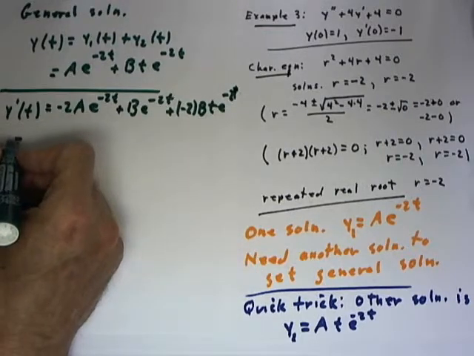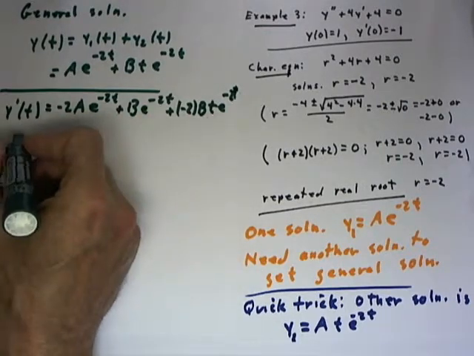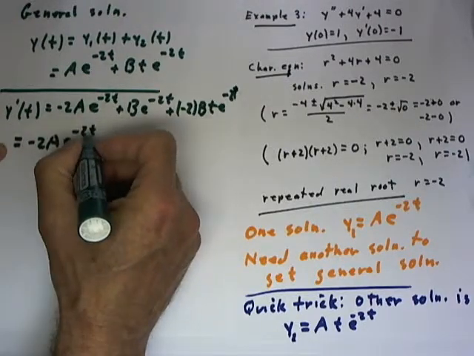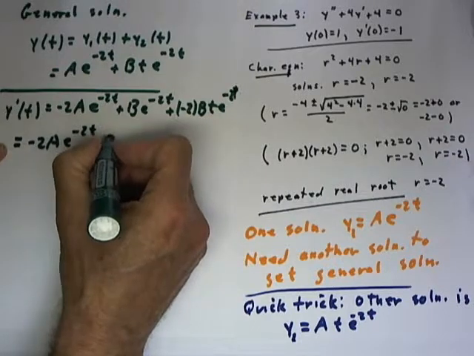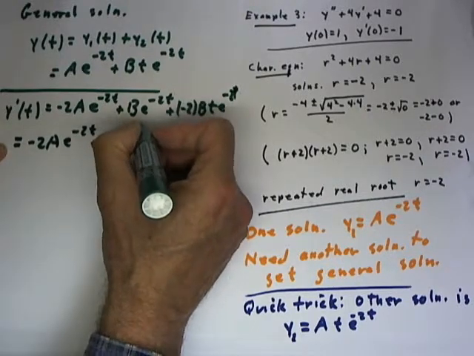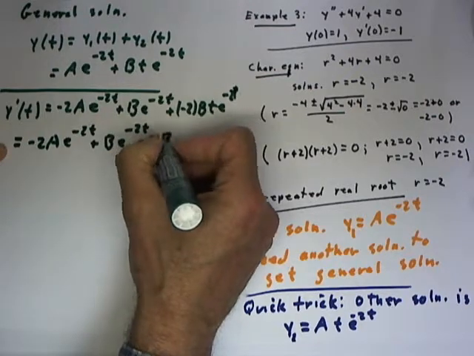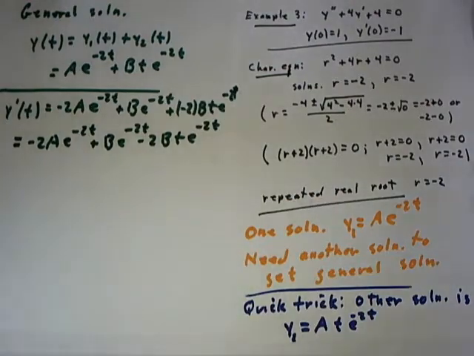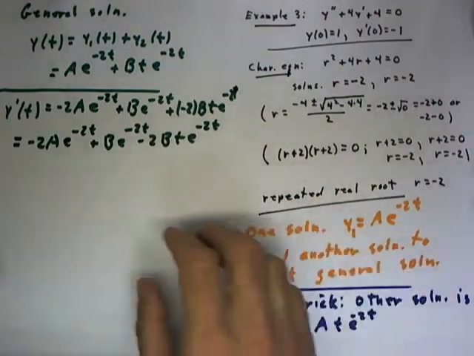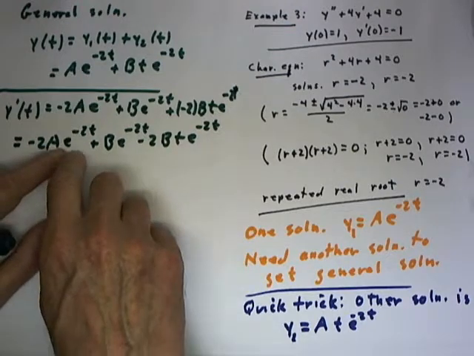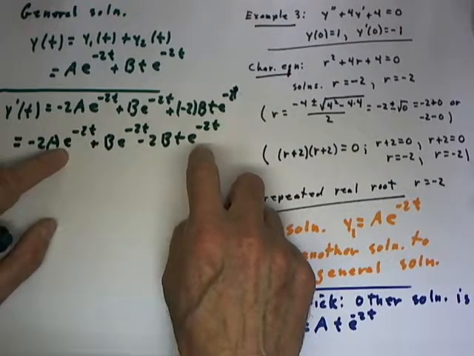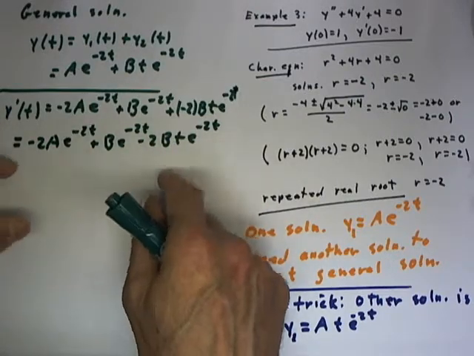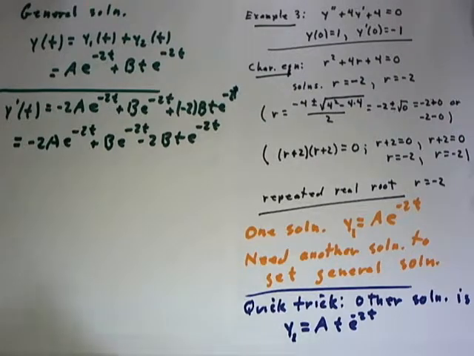That's kind of illegible. But we can bring this down here, and we see that our derivative is negative 2a e to the negative 2t plus b e to the negative 2t minus 2bt e to the negative 2t. We don't need to do it here, but notice that we could, of course, factor out the e to the negative 2t. So we have just three terms adding up to a coefficient of e to the negative 2t.